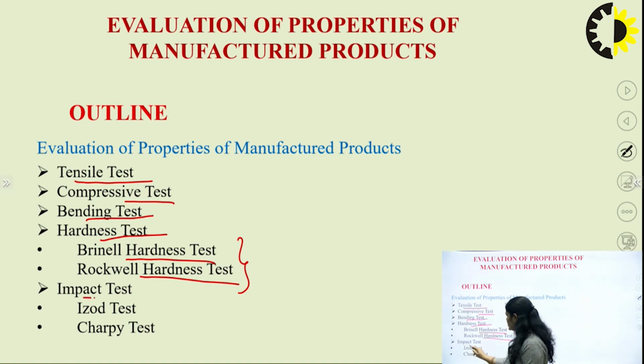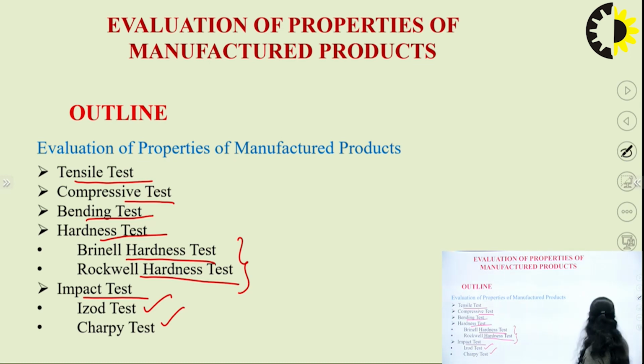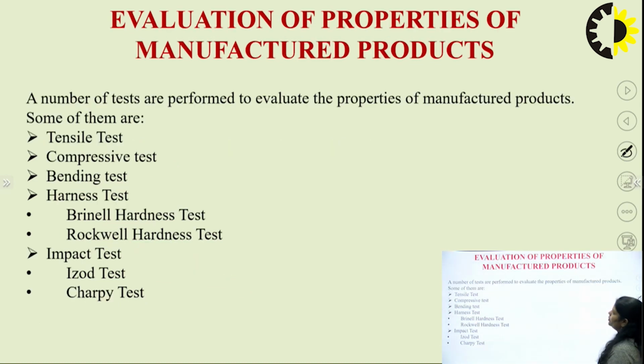After that, we will study the impact test, and in the impact test, we will study the Izod test and the Charpy test. All these tests we will study in detail today.